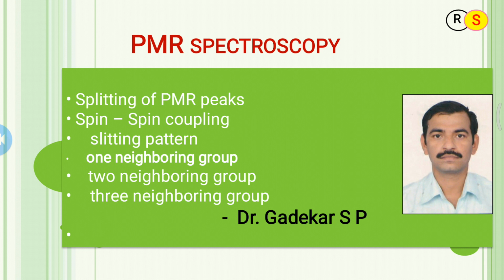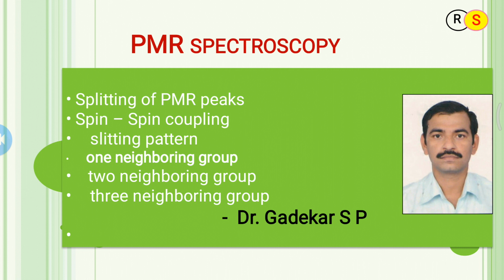For example, take methyl fluoride, methyl chloride, methyl bromide, and methyl iodide. Methyl fluoride shows a higher chemical shift as compared to methyl iodide. Why? Because fluorine is the most electronegative, so it is highly deshielded, which increases the chemical shift.